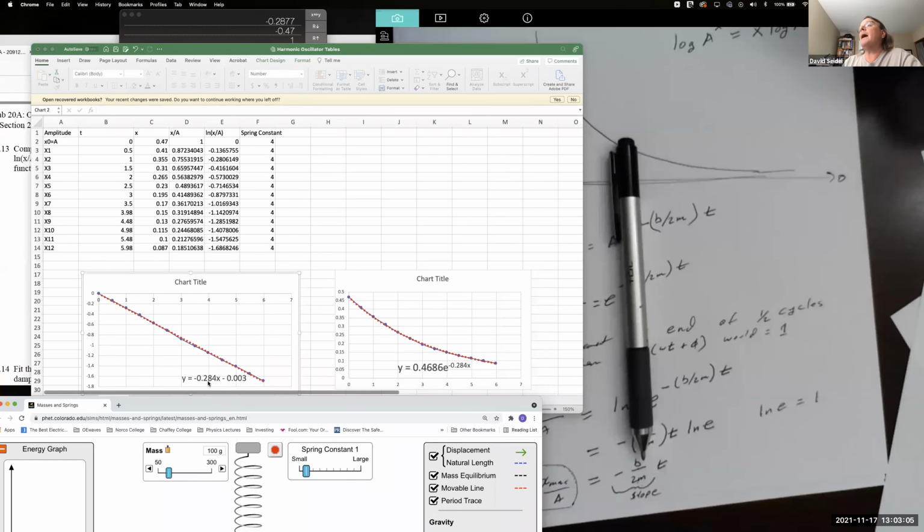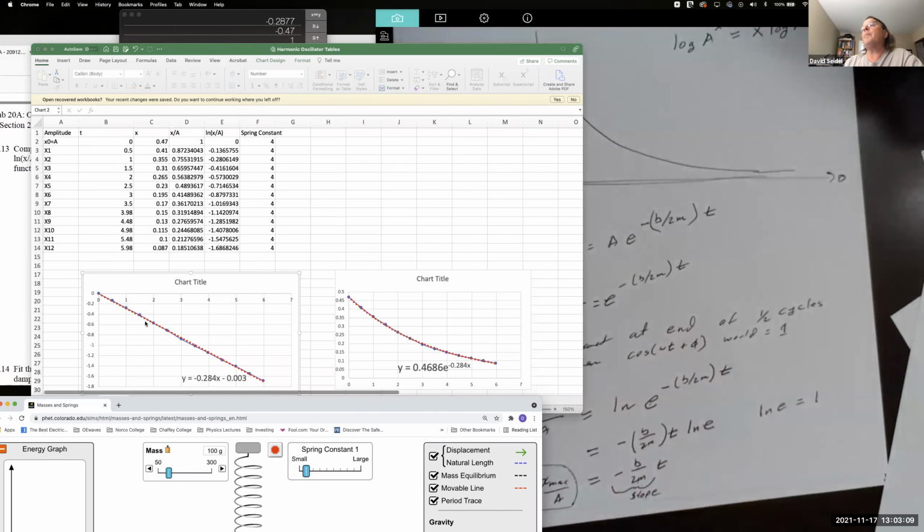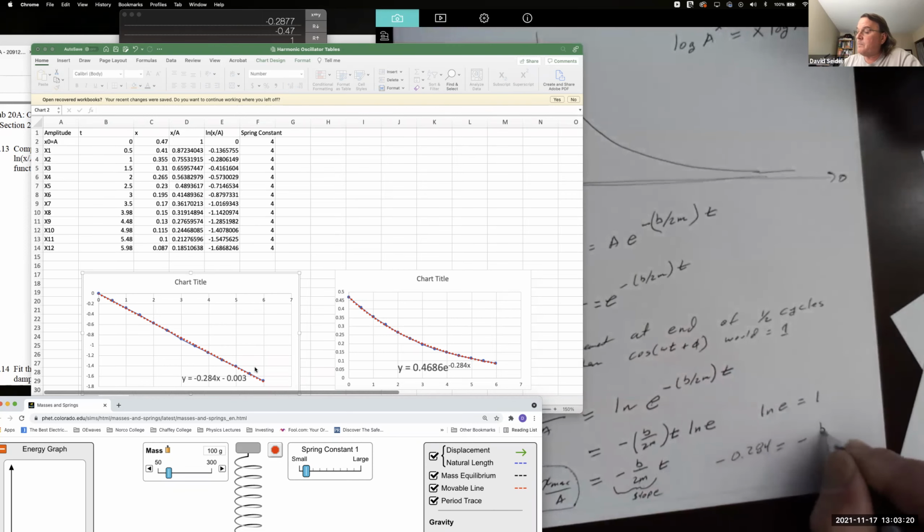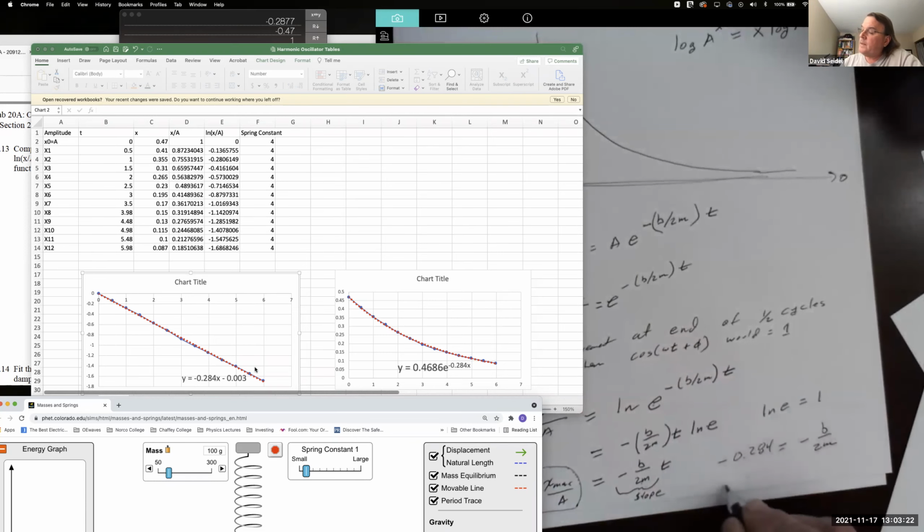So minus 2.84 is the slope I calculate here. So for instance, I did a minus 0.284. It equals minus b over 2m. So b equals minus 0.284.